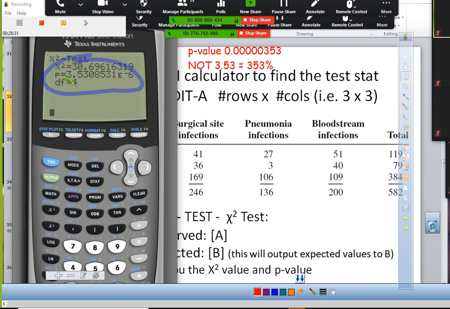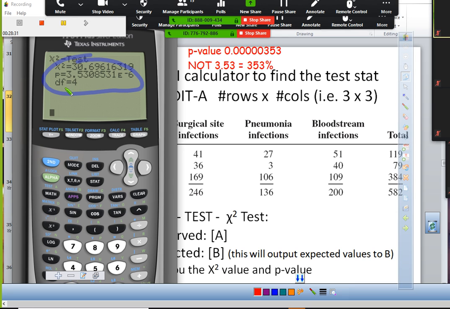Anytime you have a p-value with a number larger than 1, you better have an E negative something, or something's very wrong. That E means add that many zeros to the front and then put the decimal place after the first one. It also gives you your degrees of freedom, so that's kind of cool.